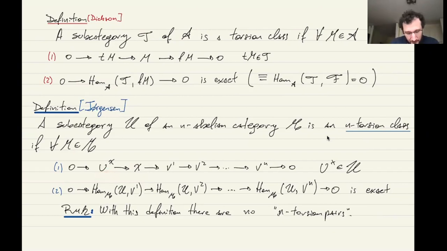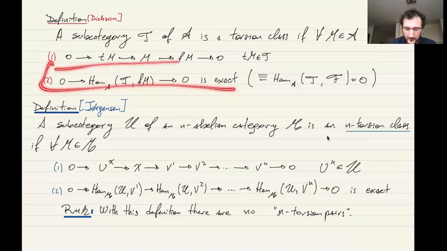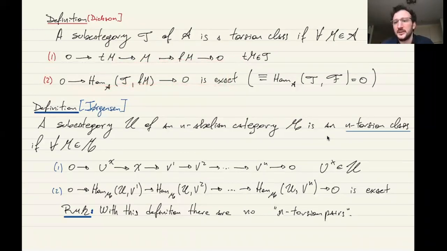And then we have this inclusion, and then we have an n-cokernel here, and we ask that essentially there is an exactness of sequences here for this n-cokernel with respect to the Homs coming from the n-torsion class, which comes to generalize exactly this exact sequence which we have there.